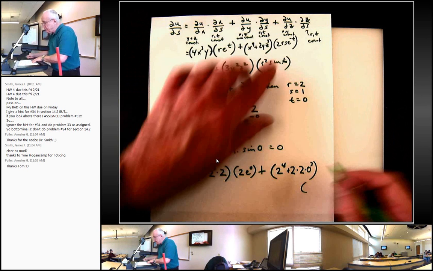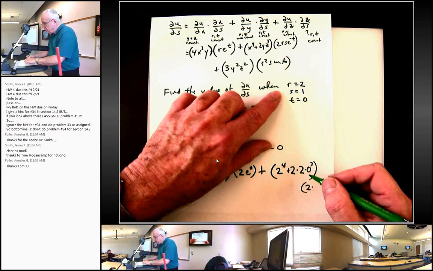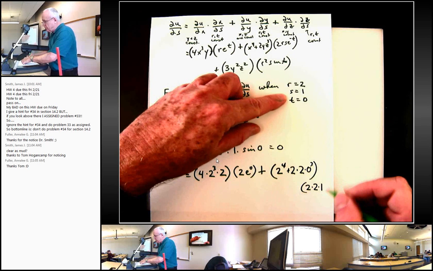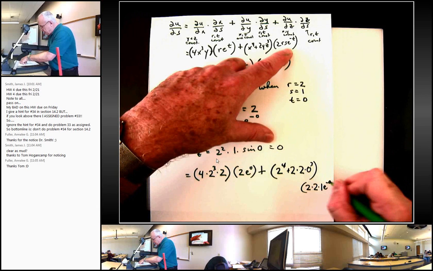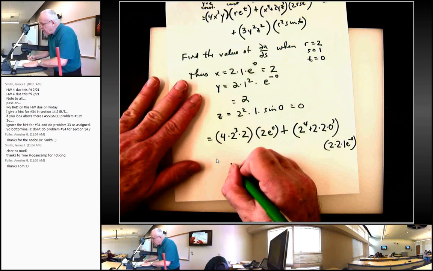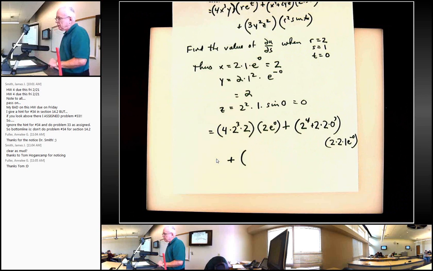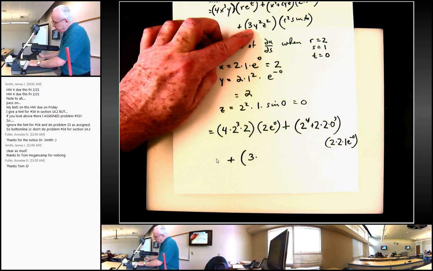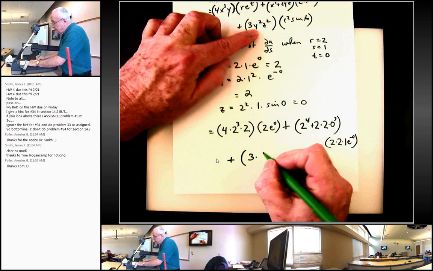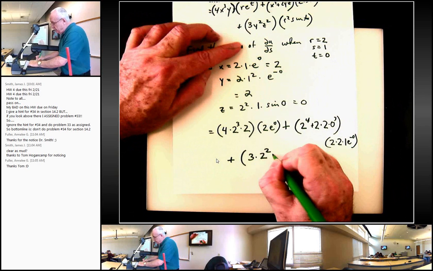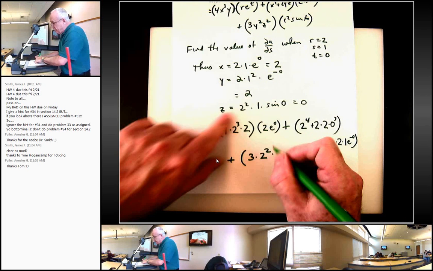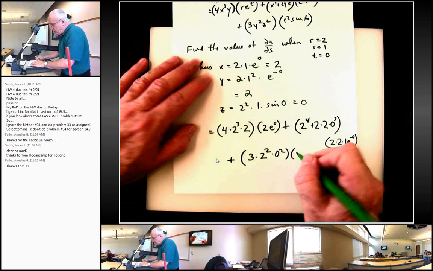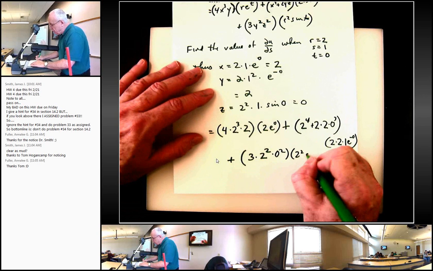And that's times 2 times r times s times e to the minus 0 plus, I love arithmetic, plus 3, I really don't, 3 y squared is 2 squared, z, oh, well, we've got a 0 here, 0 squared, so this whole term becomes 0. 2 squared sine of 0.